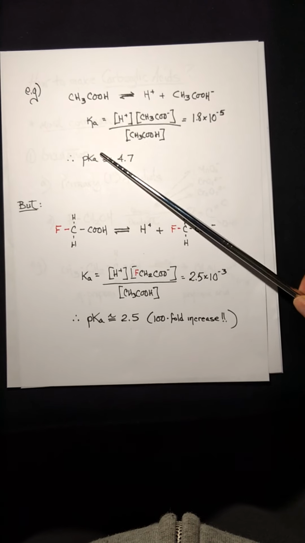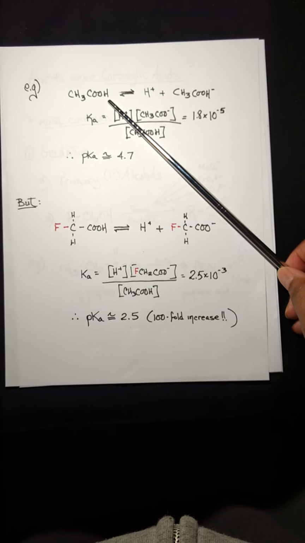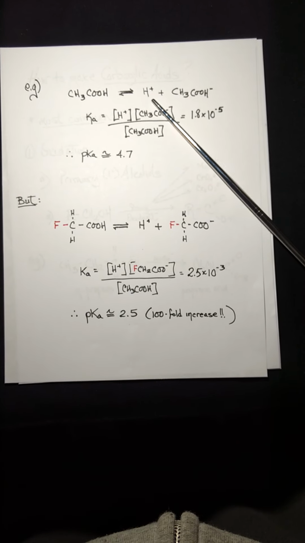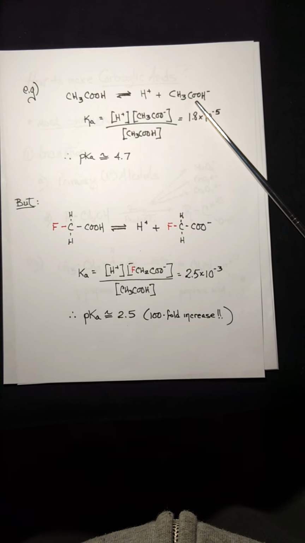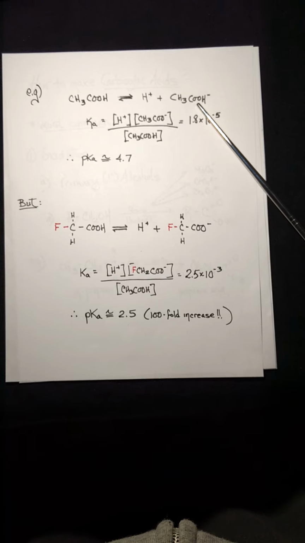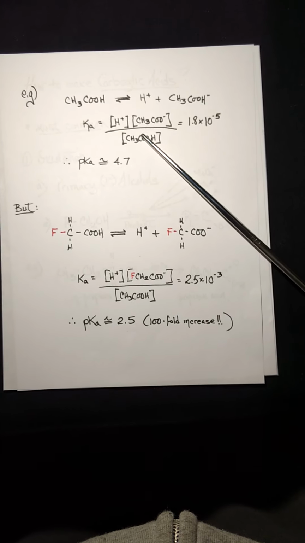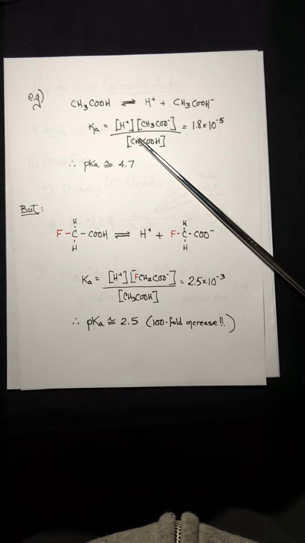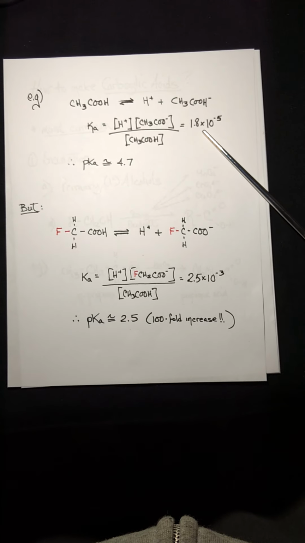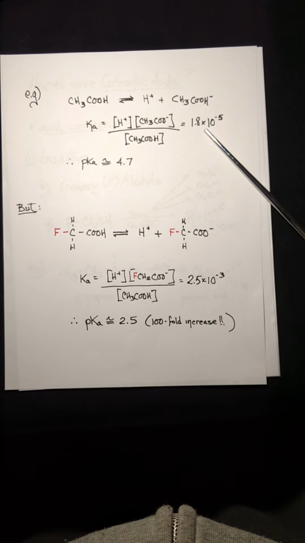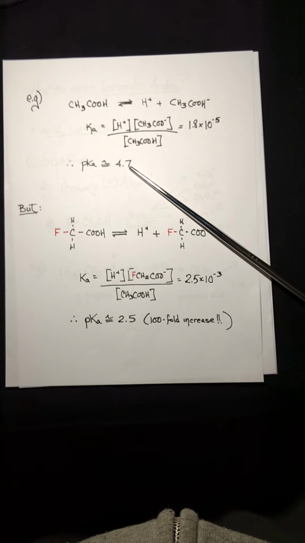For example, here we have acetic acid. Now, we know that acetic acid dissociates into a proton and the carboxylate, also known as acetate, that's the conjugate base. And if we look at the dissociation for acetic acid, the Ka value is about 1.8 times 10 to the minus 5, or a 4.7 pKa.